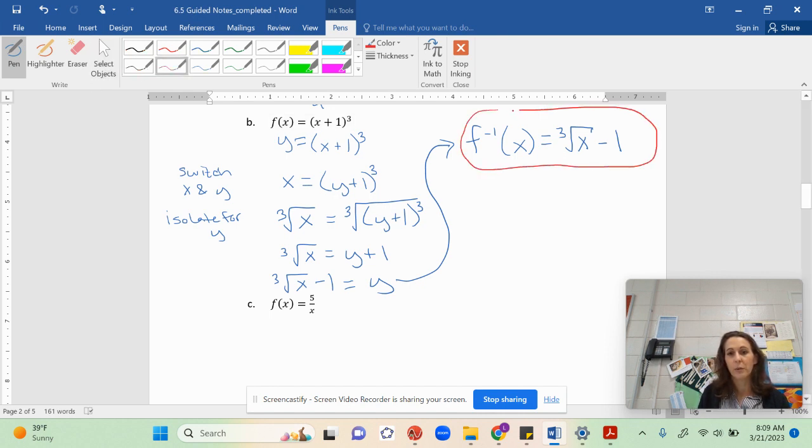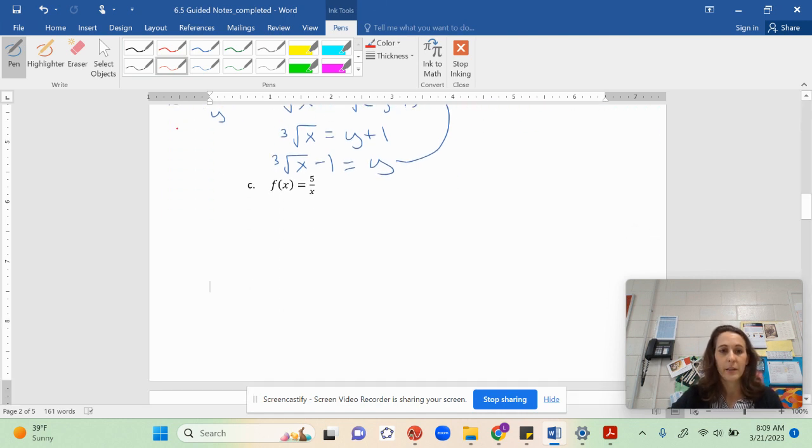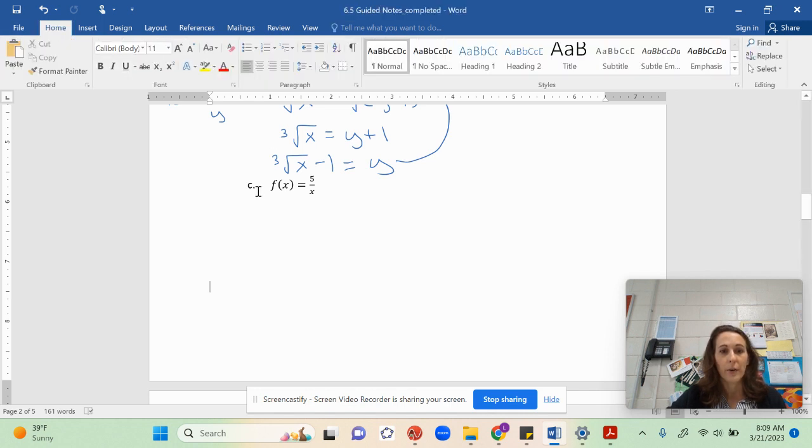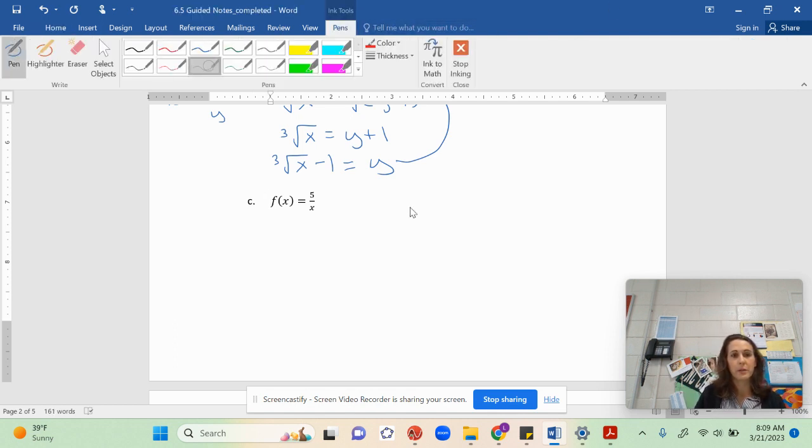And let's look at one more example. We want to find the inverse function for f of x equals 5 over x. Okay, let's go through those same steps. We'll replace f of x with y. It's a little bit easier to work with.